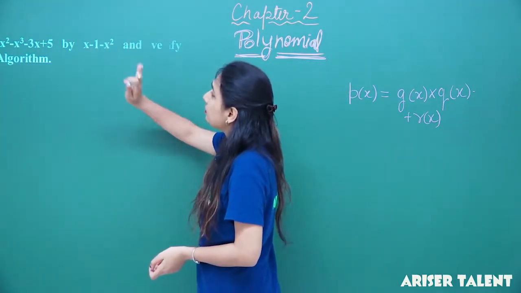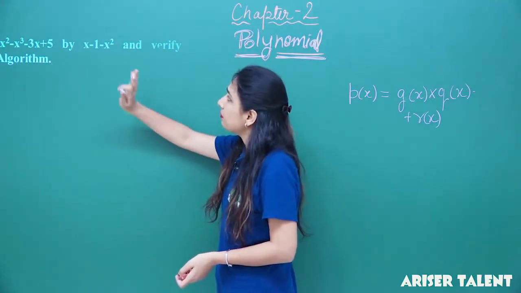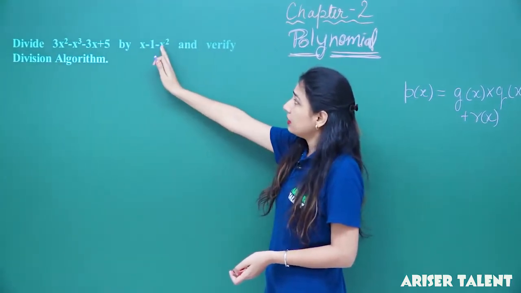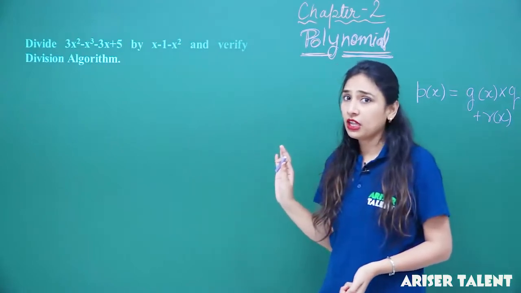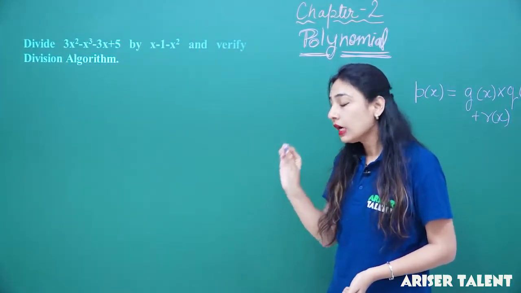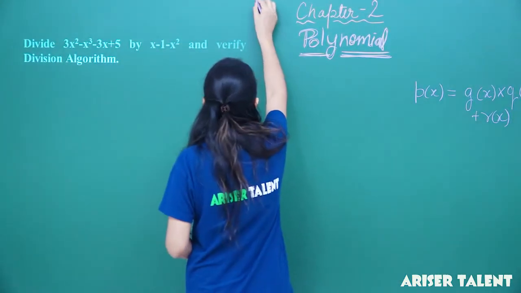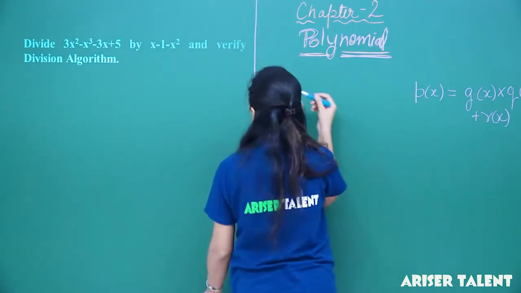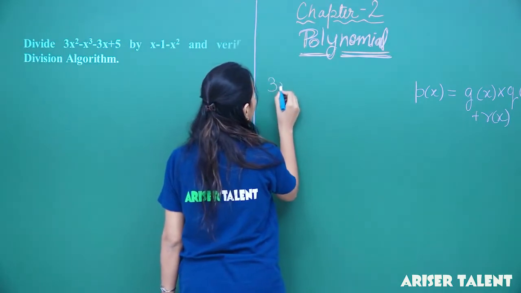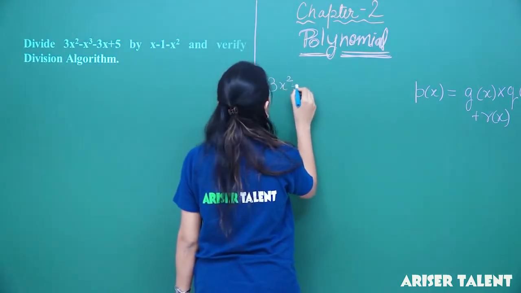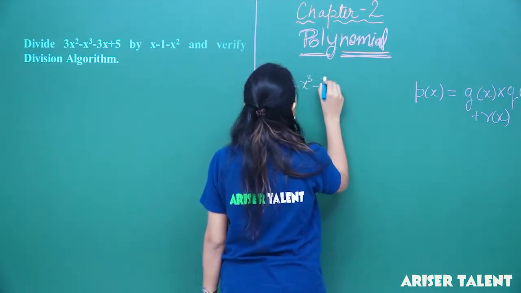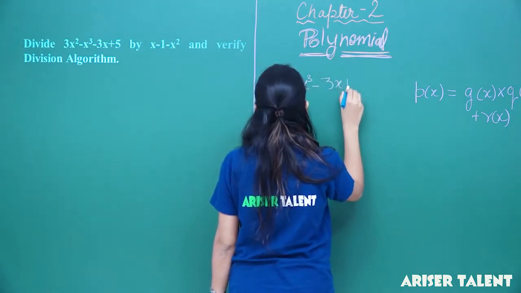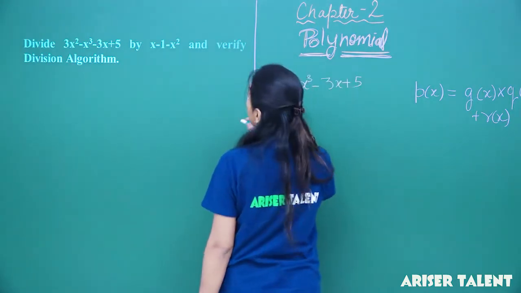We have to divide this by this and verify division algorithm. So first do the division process. So we have 3x square minus x cube minus of 3x plus 5.